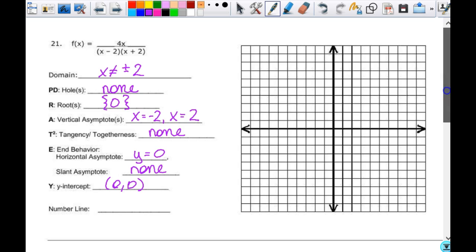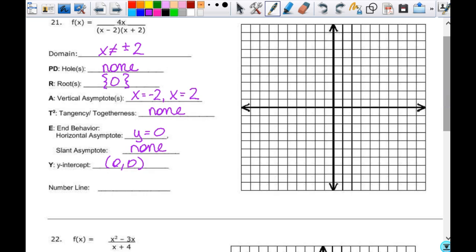Alrighty, so on my number line, I'm going to put my roots, which is at 0, and then my asymptotes, which are at negative 2 and at 2. So if I plug in a negative 3, I'm going to get negative, negative, negative, which is overall negative.